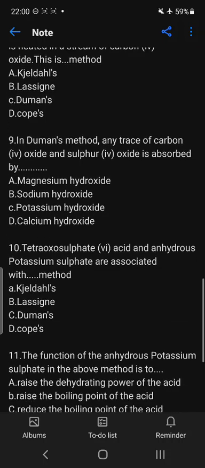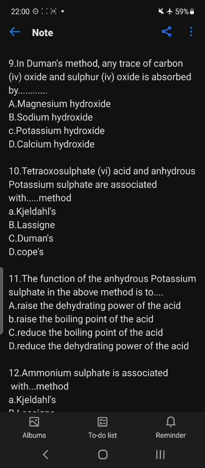Number 10: tetraoxosulfate(VI) acid and anhydrous potassium sulfate are associated with Kjeldahl's method.